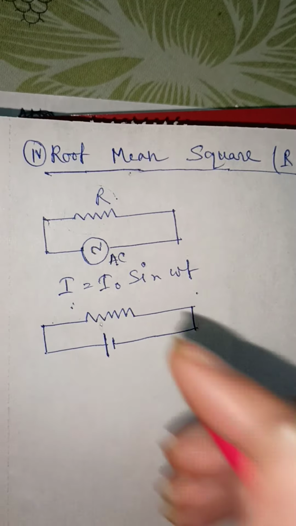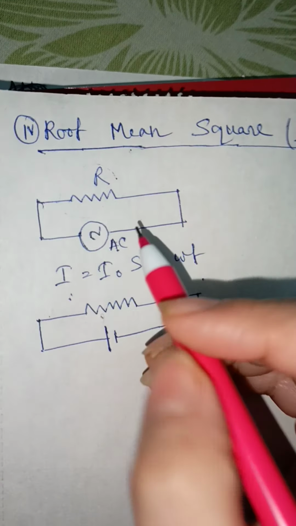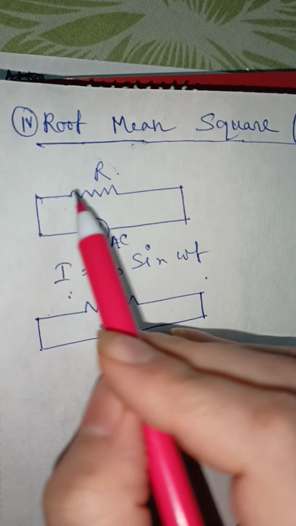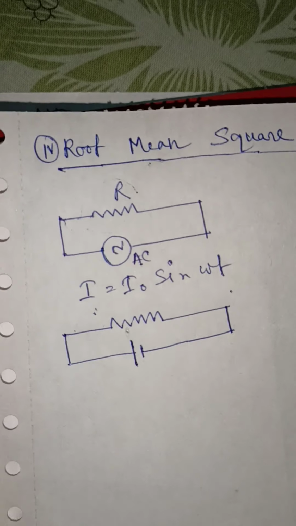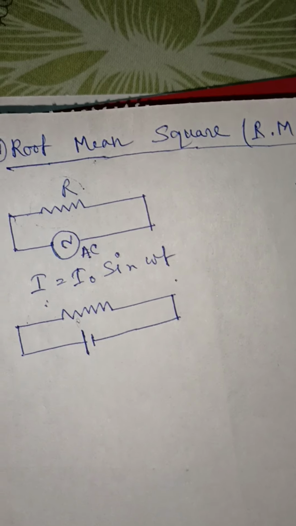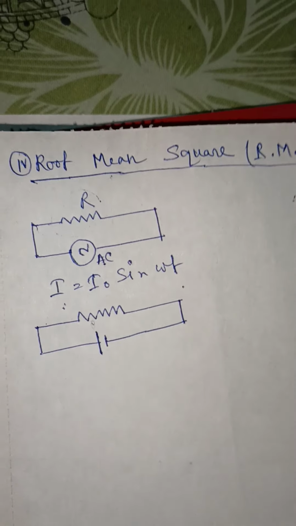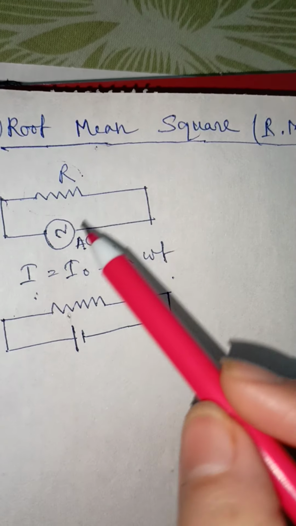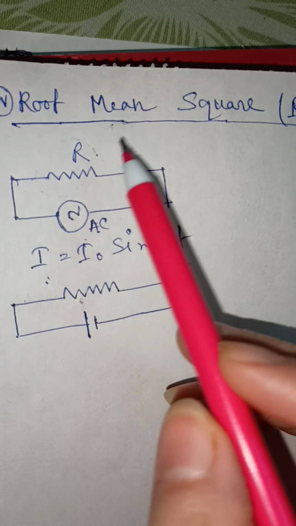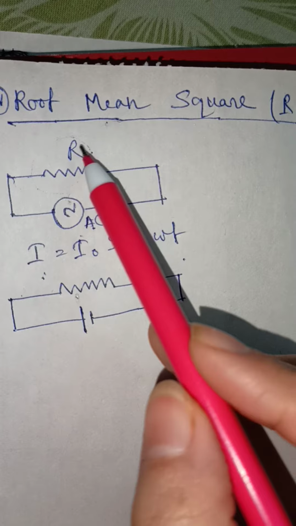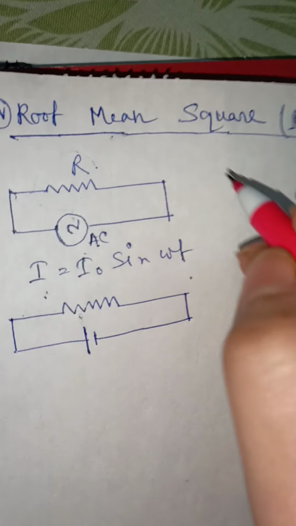We know from Joule's law that if current passes through any resistor, then heat is produced in that resistor. Suppose for this AC source, Q amount of heat is produced in the resistor.